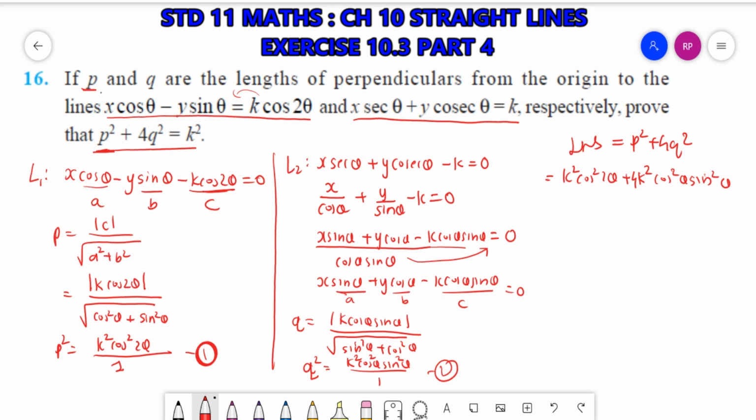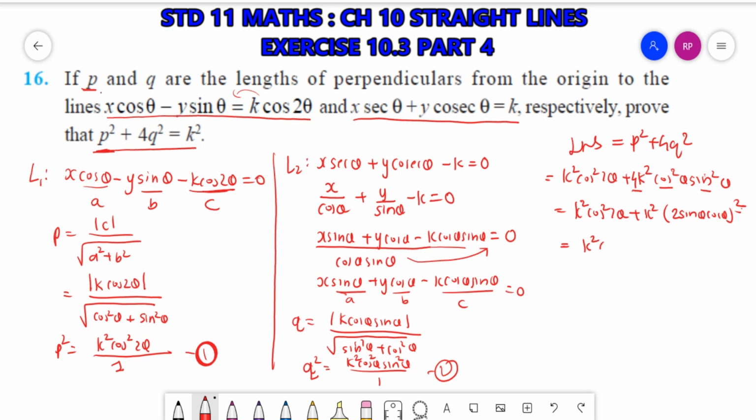Now see, we know that 2 sin theta cos theta is equal to sin 2 theta. So it's k square cos square 2 theta plus k square times 2 sin theta cos theta whole square, because cos square theta, sin square theta, and 2 square, that is 4.